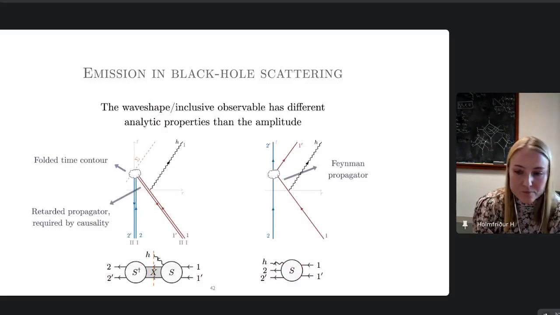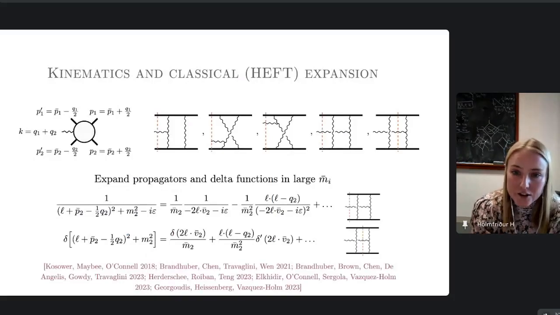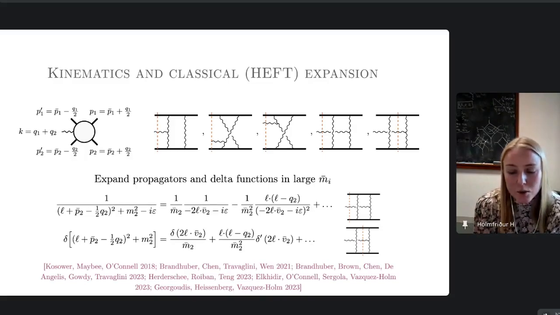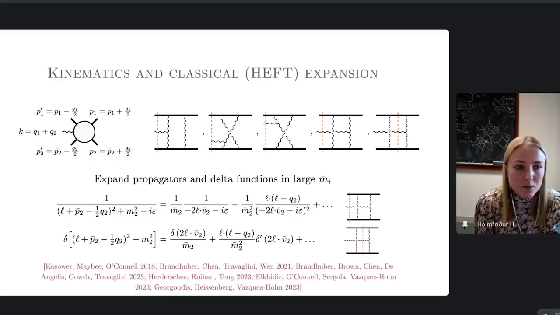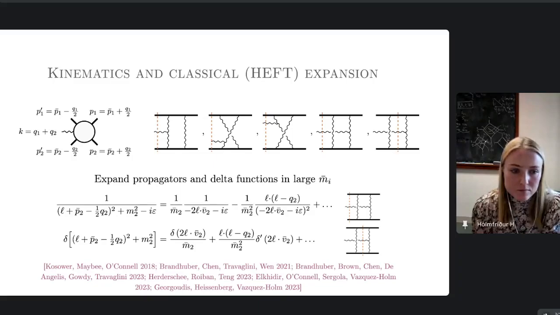But you need the Lagrangian for this. Yeah, so this builds upon a body of work starting with Kosower, maybe, and O'Connell in 2018. It's basically extracting the classical part of this observable using quantum field theory methods. But starting from a Lagrangian with vertices, exactly.